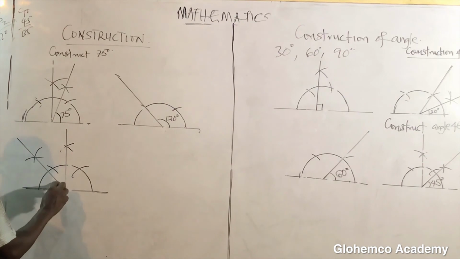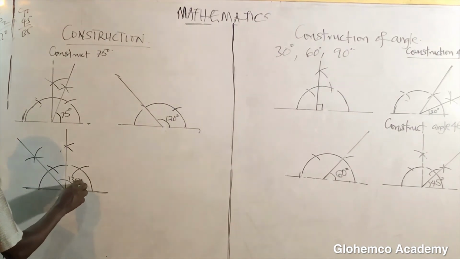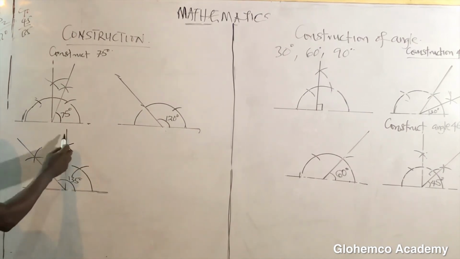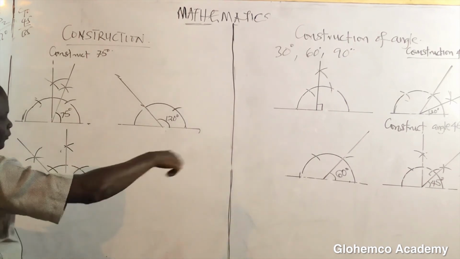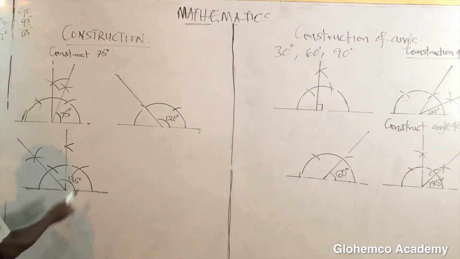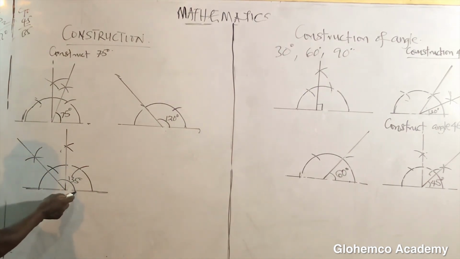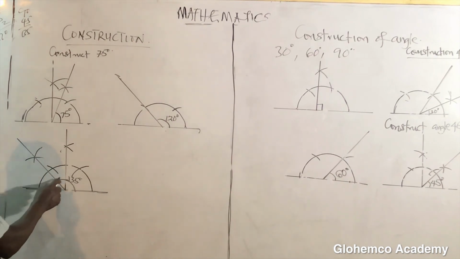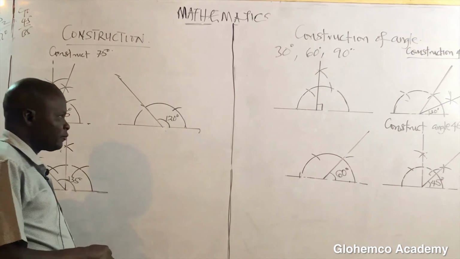So from here to this place is 135. You recall that this is 90. We bisect angle 90 to 45. We recall the other time that when we bisect angle 90, it gives us 45. So if this is 90 and this is 45, 45 plus 90 will give us 135. That means if we move from here, passing through 90 to this place, everything will be 135 degree. And that is how to construct angle 135 degree.